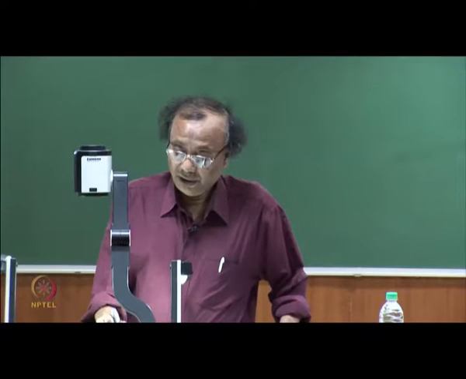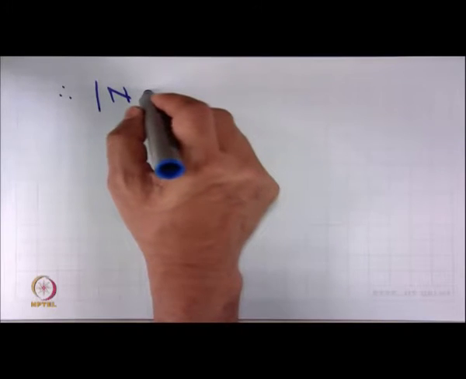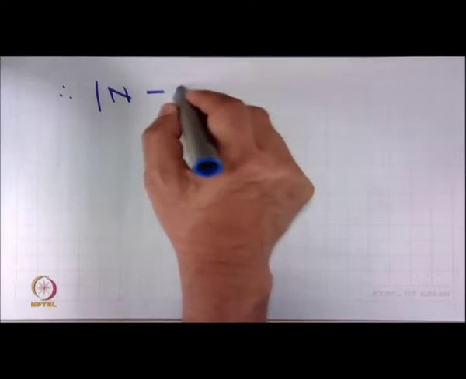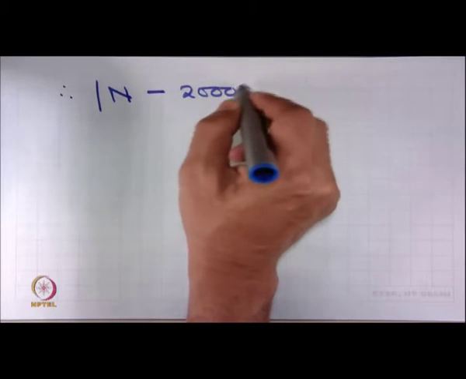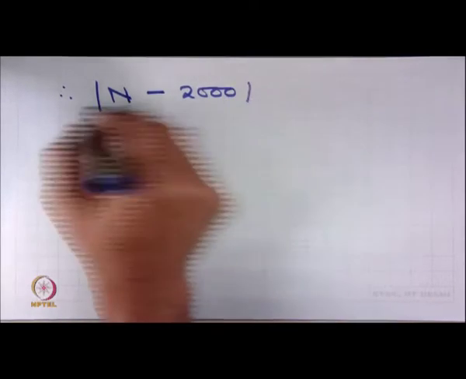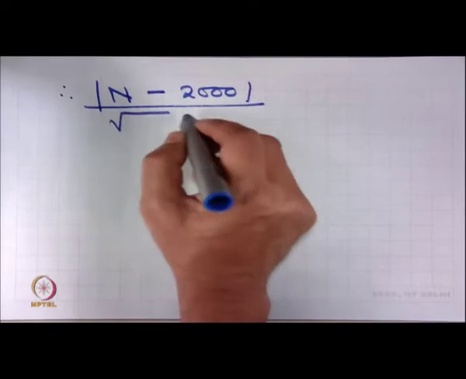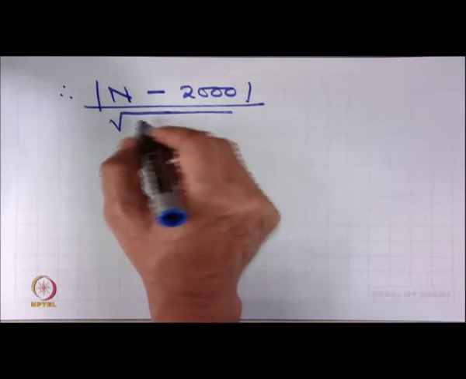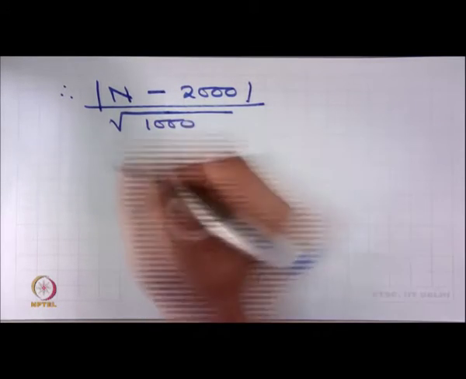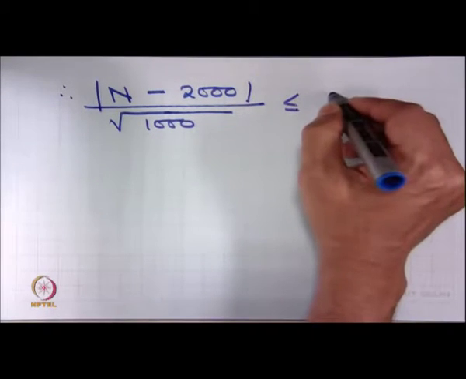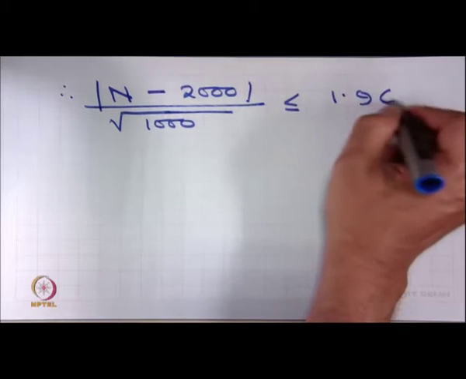Therefore, (n minus 2000) divided by root over 1000 has to be less than or equal to 1.96.